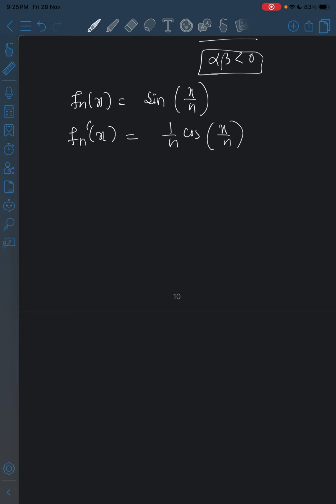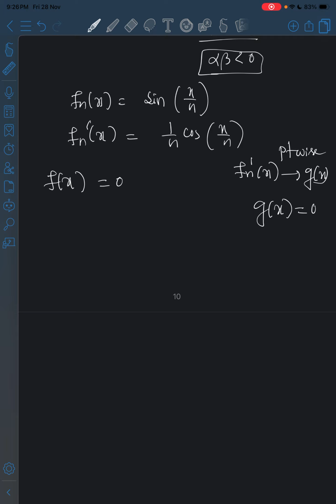Right. So now what is f x? f x is 0, right? And let's take fn x converges pointwise to g x, which must be 0 too. For both cases the pointwise limit must be 0.